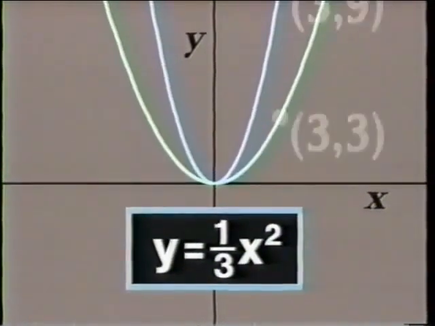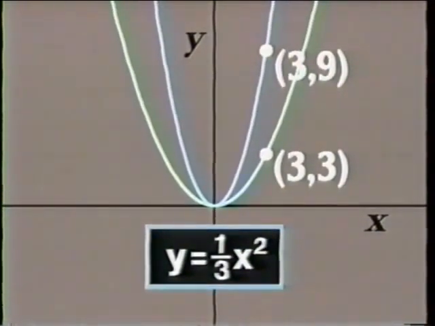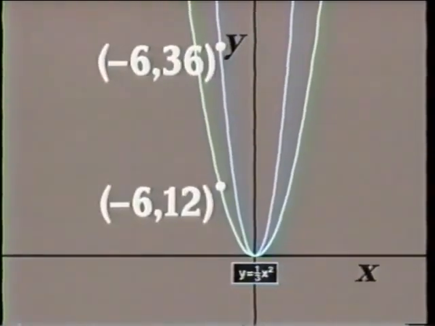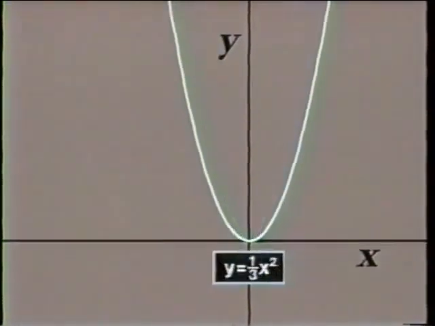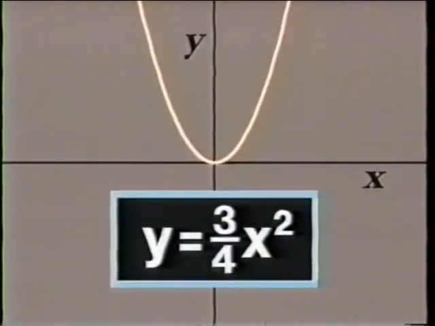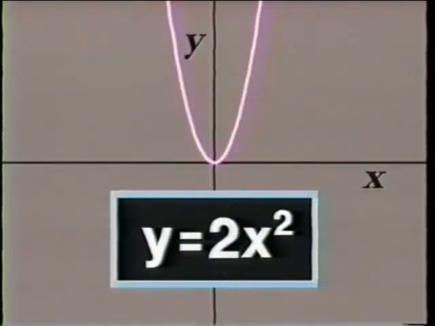Sampling some points on the two parabolas, each new y-coordinate is 1/3 of its old value. The y values can be made larger by using a larger factor in front of the x squared, say 2. This results in a parabola that is narrower.